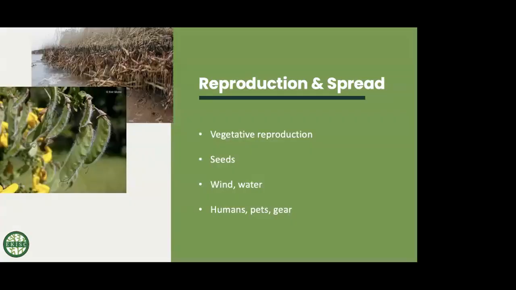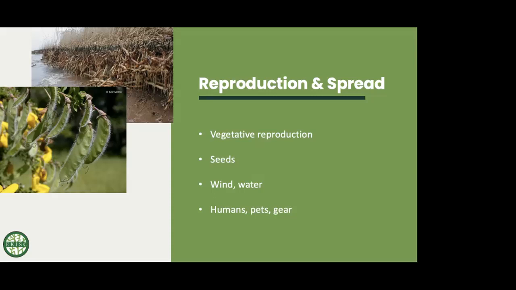So a little note on their reproduction and spread. Plants can spread either by seeds or by vegetative reproduction. Vegetative reproduction is a process where plants are produced from plant parts other than seeds or spores. It's a natural process that many plant species have, and it's used by horticulturists all the time.